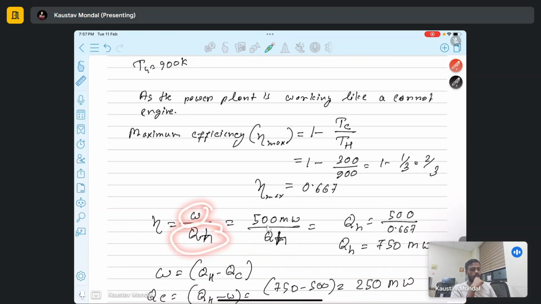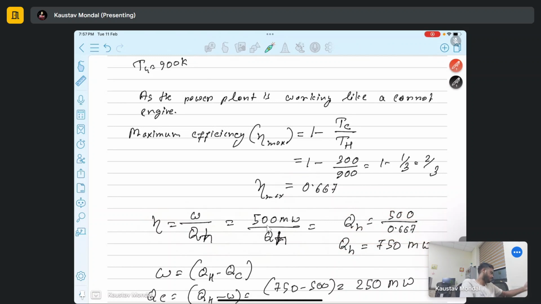So 500 megawatt, and eta max we have already calculated, that is 0.067. Now just substitute: 500 divided by 0.067 gives you QH equal to 750 megawatt.